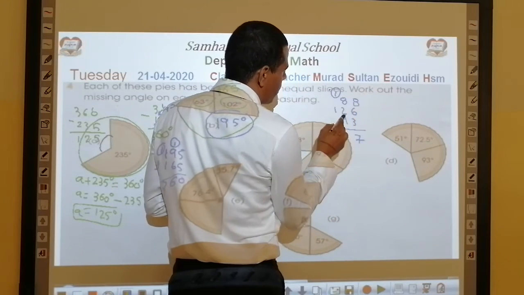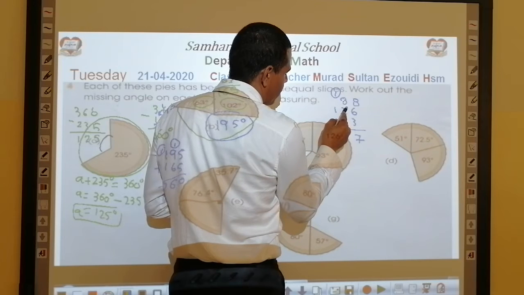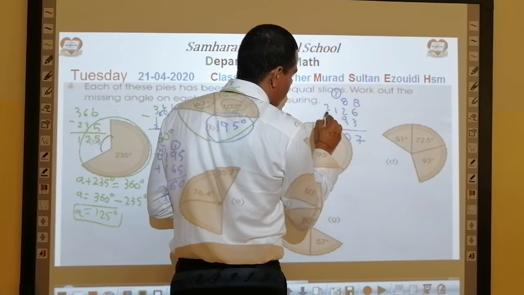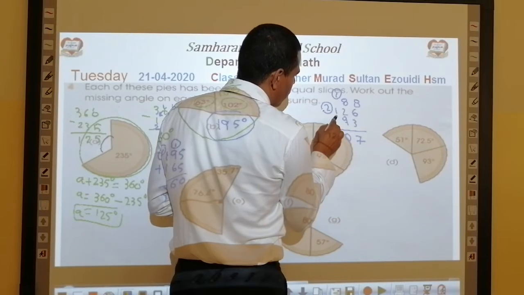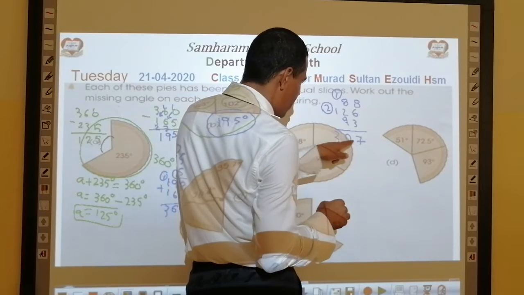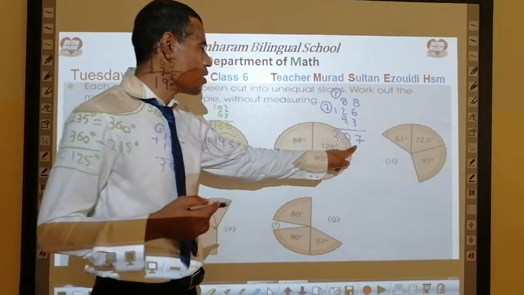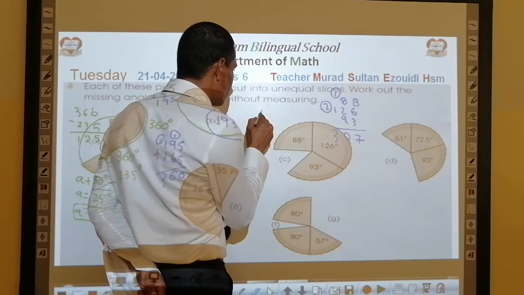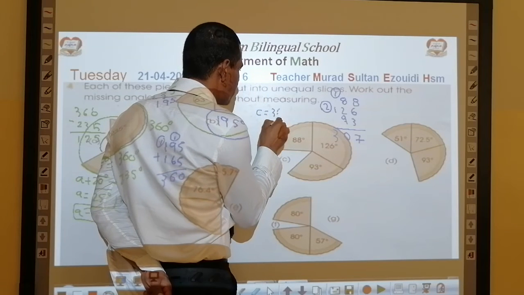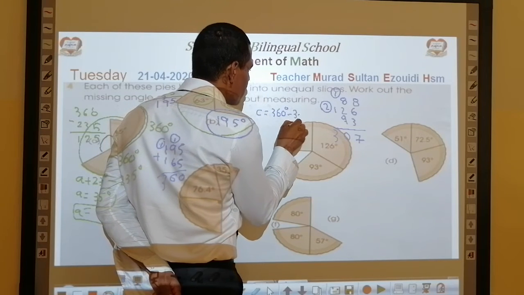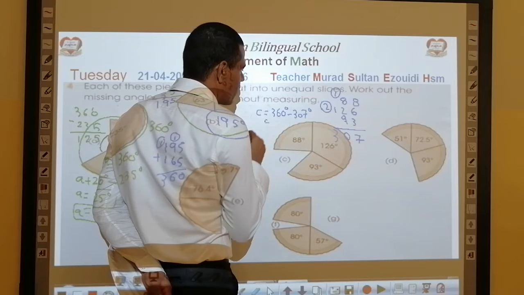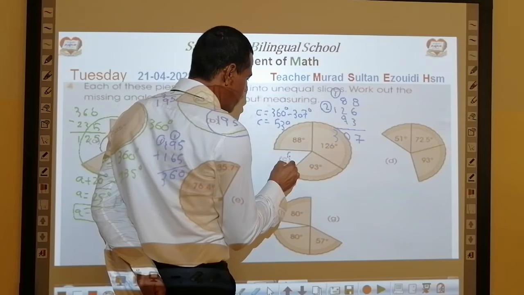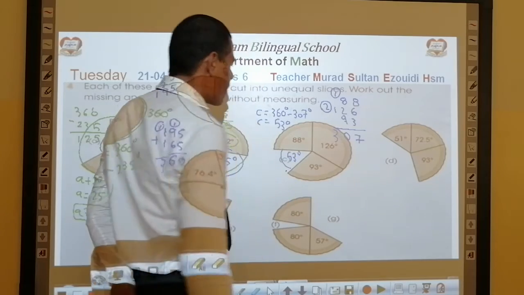Then 2 plus 8, 10 plus 9, 19 plus 1, 20. Okay. So 2 plus 1 is 3. So 307 should be subtracted from 360. So C equals 360 minus 307 degrees, which equals 53 degrees. C equals 53 degrees. Okay.